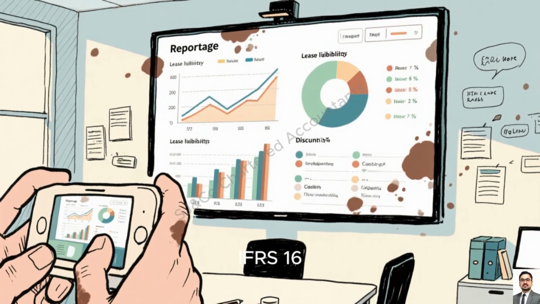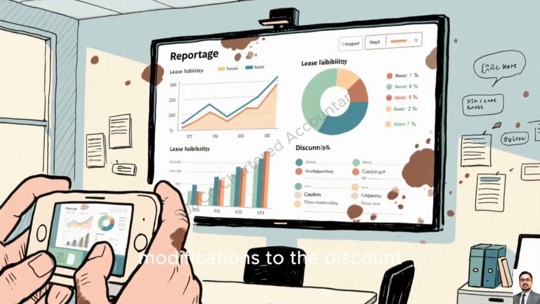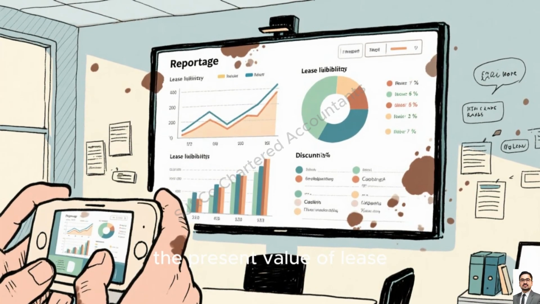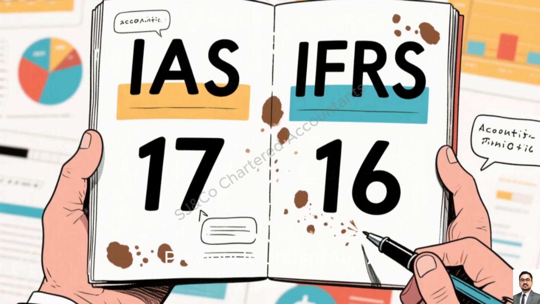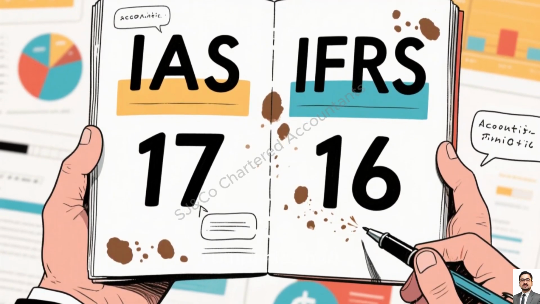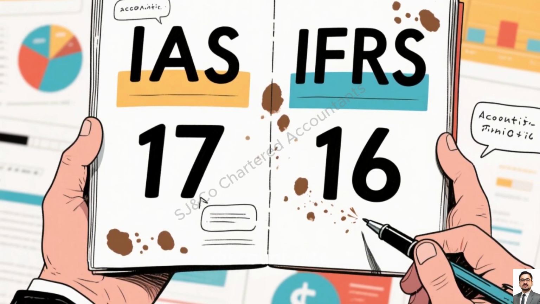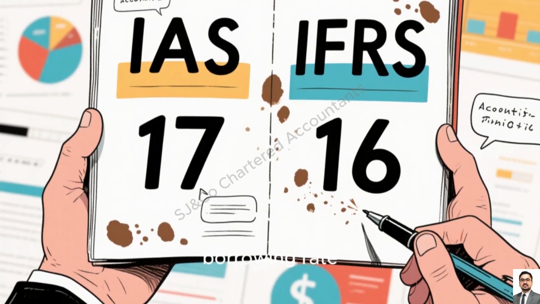Furthermore, IFRS 16 introduces some significant modifications to the discount rate used when measuring the present value of lease liabilities. Previously under IAS 17, companies had flexibility in choosing an appropriate discount rate, often using the lessee's incremental borrowing rate.